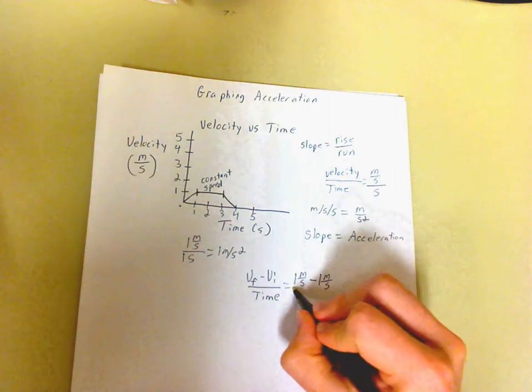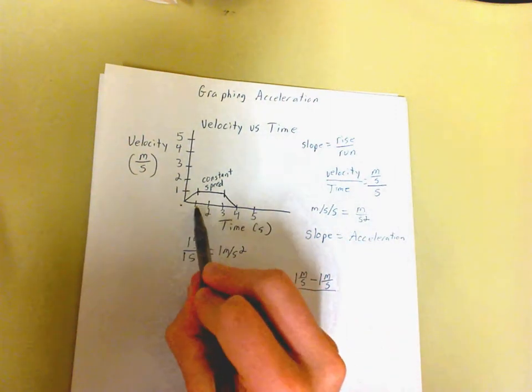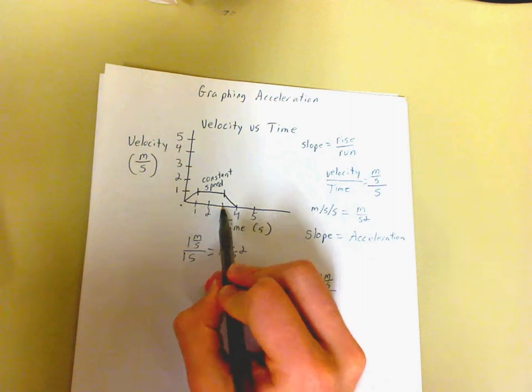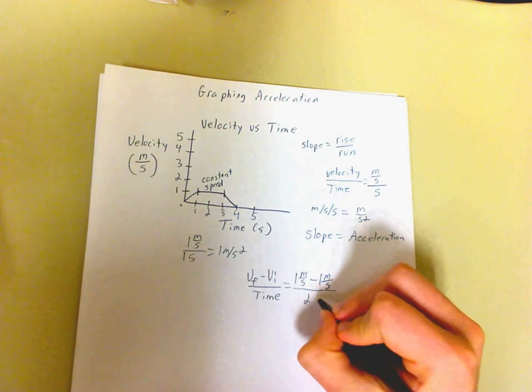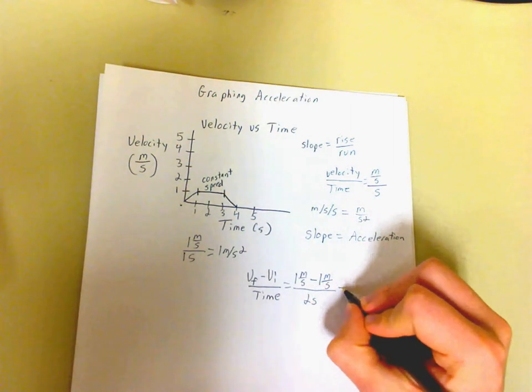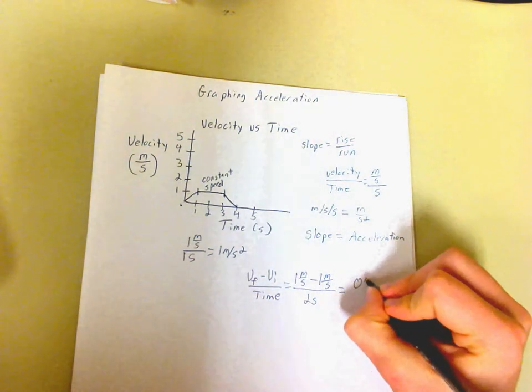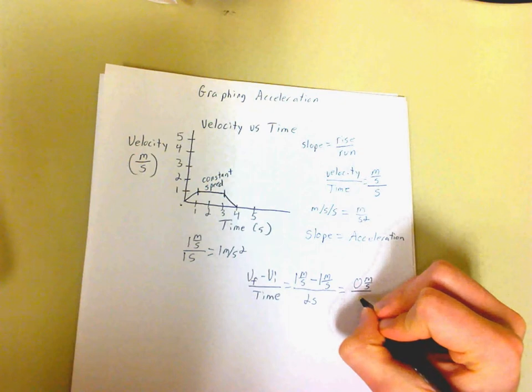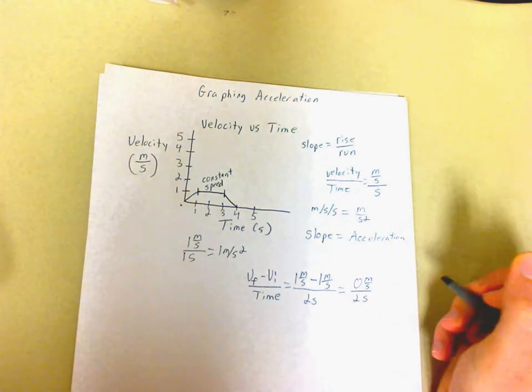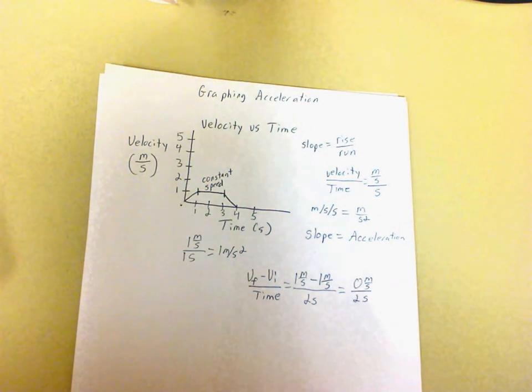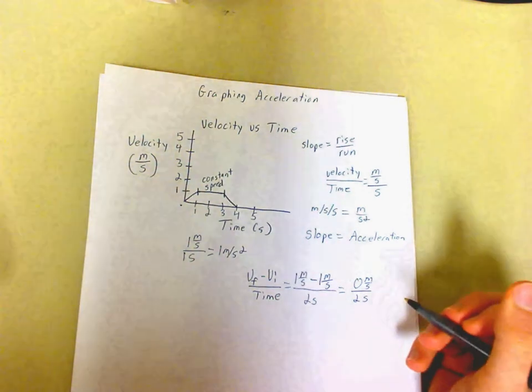And then our time was 2 seconds. Now you might say, well, 1 minus 1 is 0 meters per second, and we have 2 seconds here.